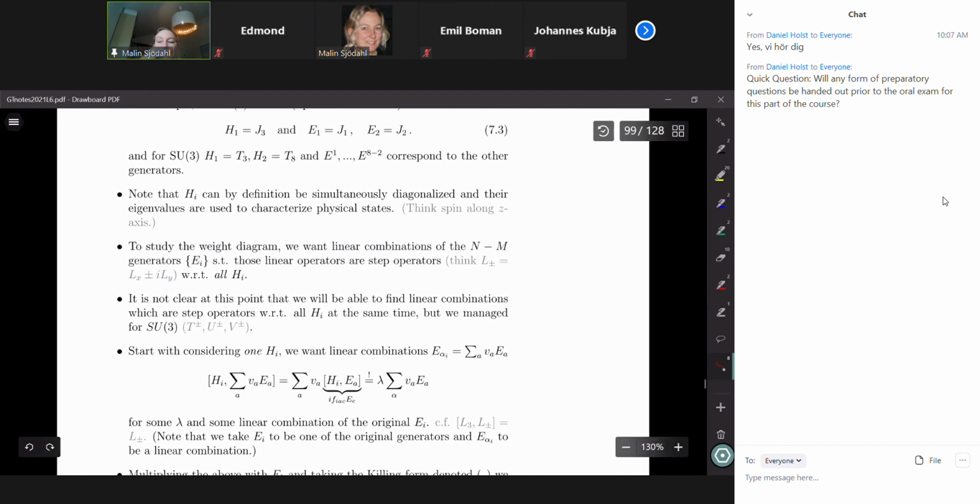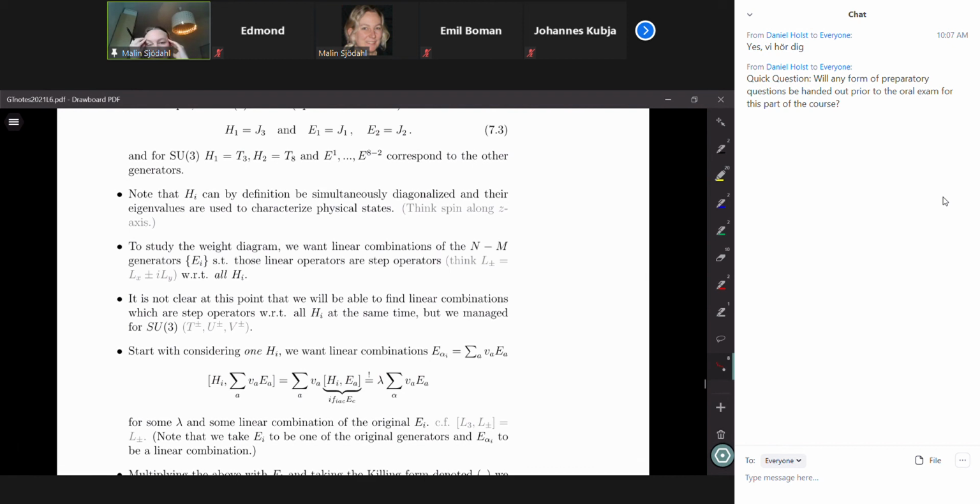Okay, so before starting, I should also say that it's not obvious that we will manage with this task, because we want them to be step operators with respect to all the different H_i.